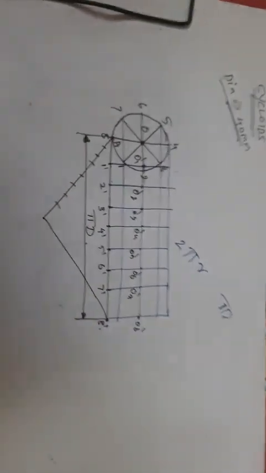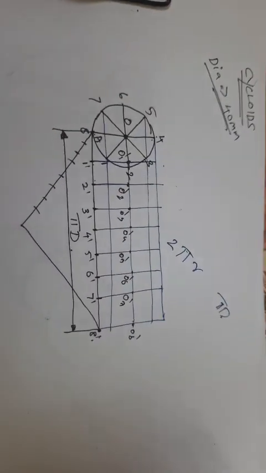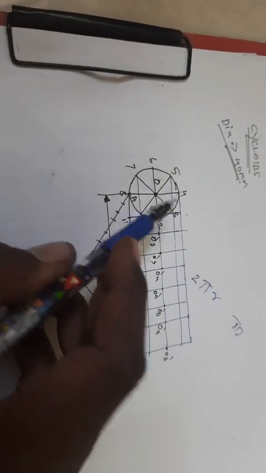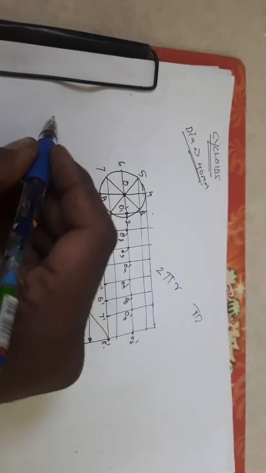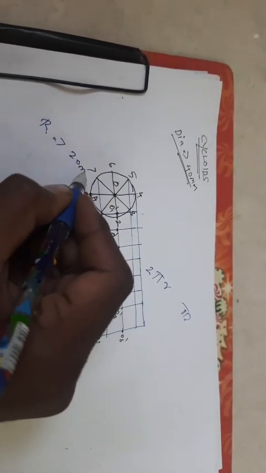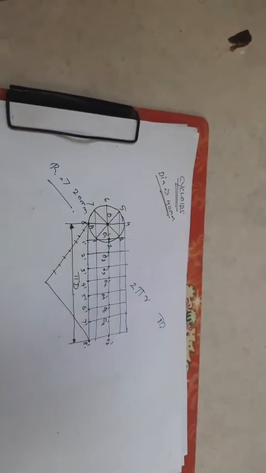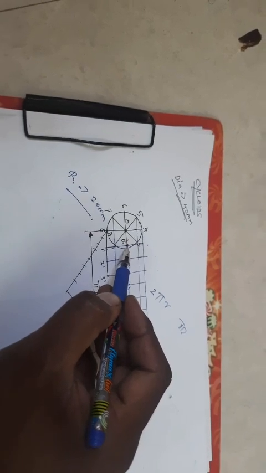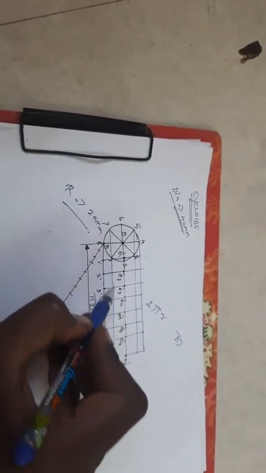And then now see, I am going to take the radius of the circle. In the cycloid, take the radius of the circle. What is my radius of the circle? It is 20 mm. Fix your 20 mm in your compass, and from O1 as center, cut an arc in your first line.